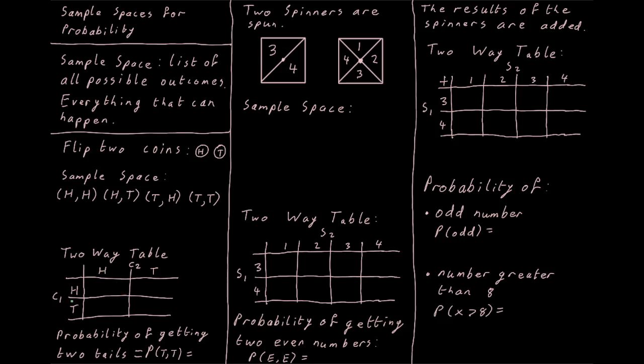So the way I'd use this is, here I got a head on the first coin, and I got a head on the second coin. Here I got a head on the first coin, so I'm reading across this way.